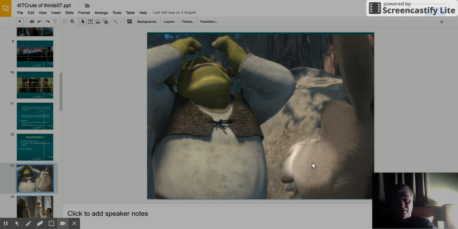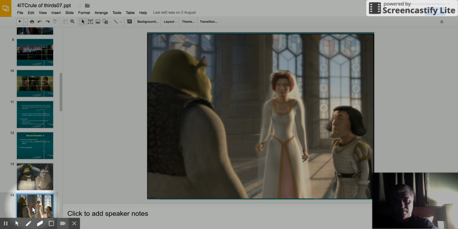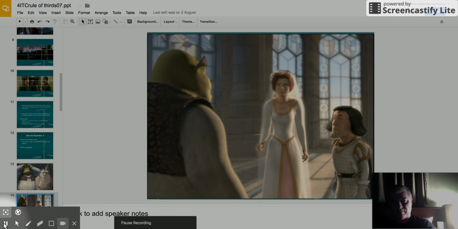So that is facing us, looking away, over the shoulder shot. So if we go over to this scene here, you'll see Shrek is facing away, and these two are facing us. So that may apply if you have people in your scene. Facing away, facing. That's called over the shoulder shot.